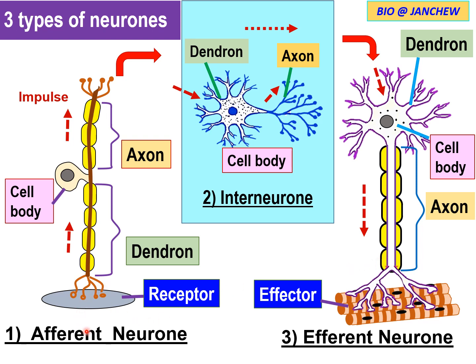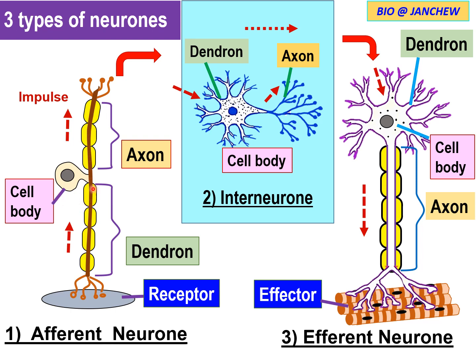Now, for efferent neuron, the cell body is at the upper end of the cell. But for the afferent neuron, the cell body is at the side. Okay, not really at the middle.